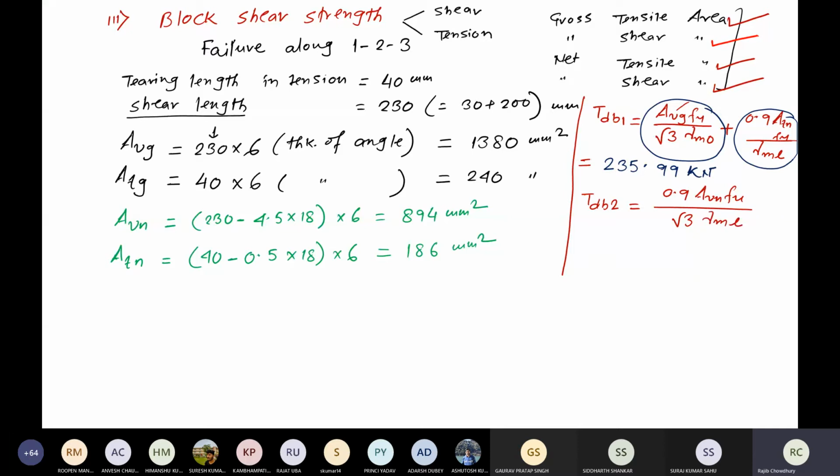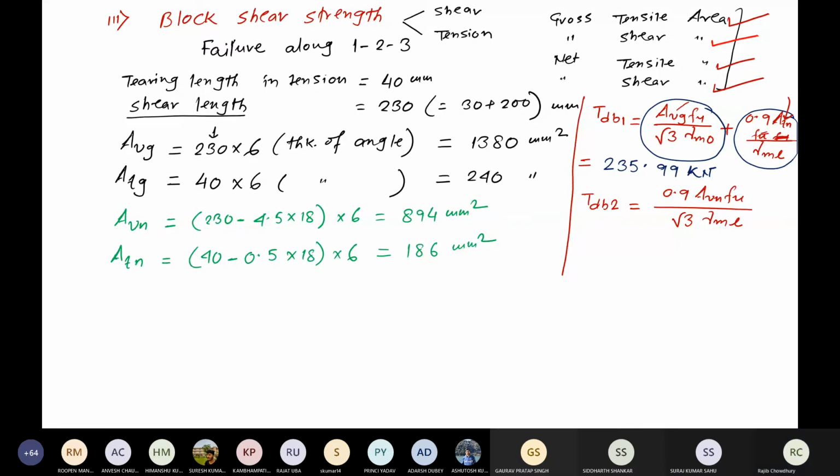Sorry, here actually the net tensile area Atn should be associated with Fu, it was not Fy.